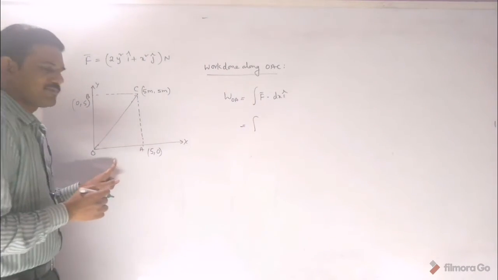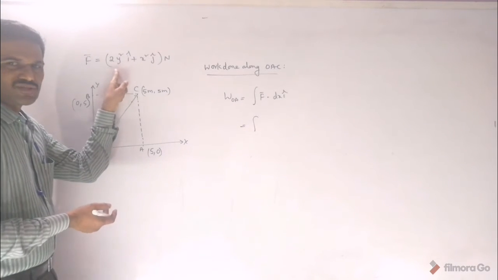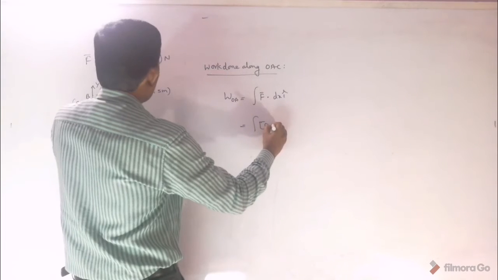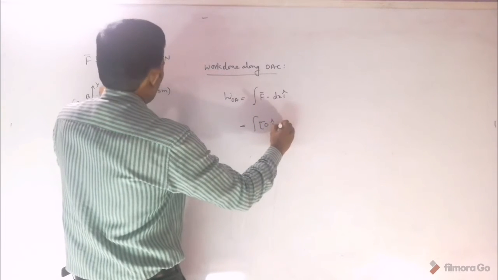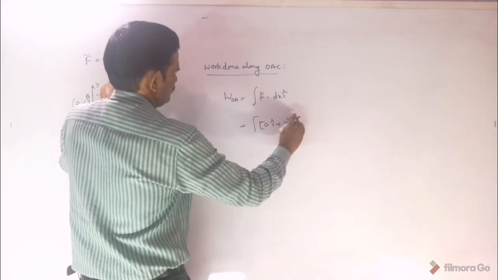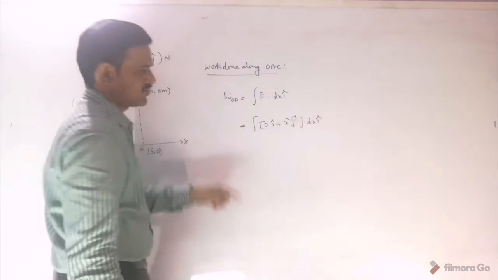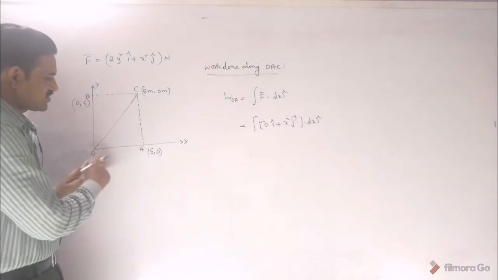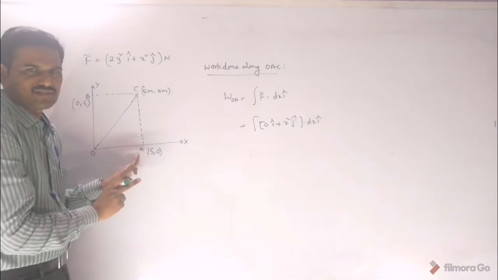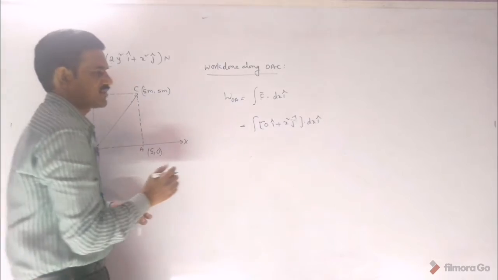For this OA path, y is equal to 0, so this term is 0. So 0 i cap plus x square j cap dot dx i cap. Is it clear how to write? For this OA path, the y value is 0, so I am substituting 0, and the x value is a variable term, so I am substituting that.